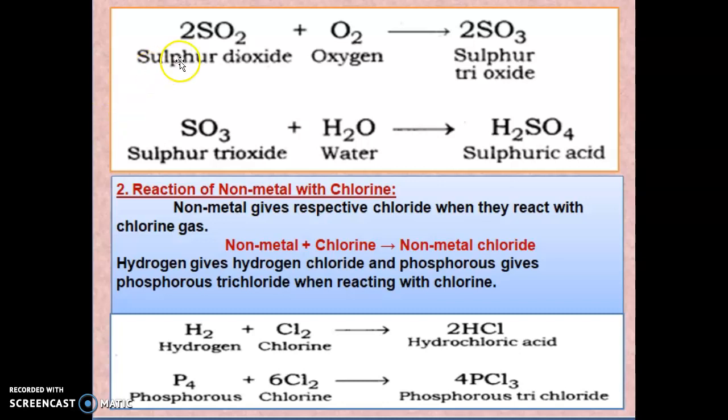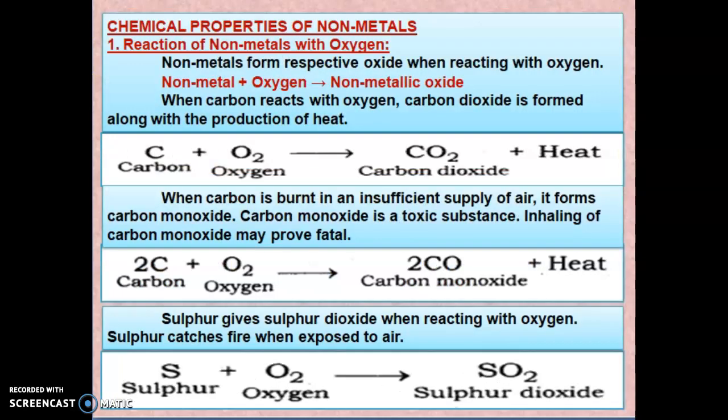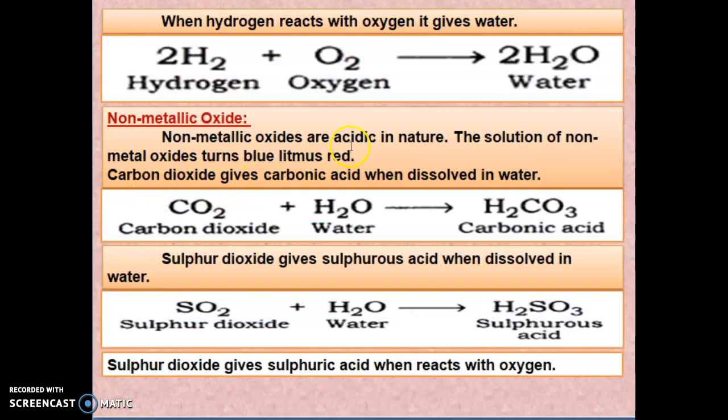So 2SO2 plus O2 gives 2SO3, that is sulfur trioxide. This sulfur trioxide when dissolved in water, H2O, gives H2SO4, that is sulfuric acid. So this non-metallic oxide is acidic in nature.